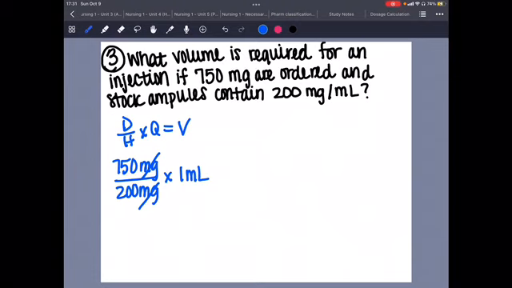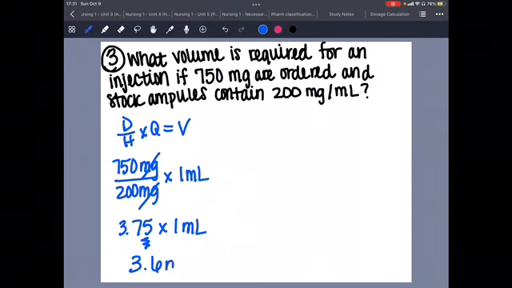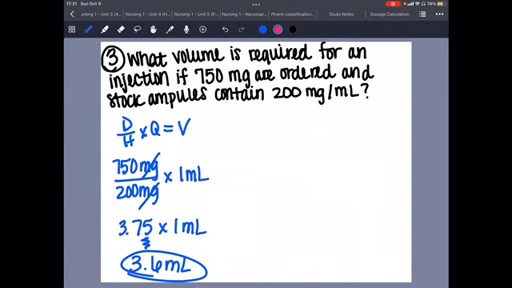We're going to go 750 divided by 200. 3.75. So we got 3.75 times 1 ml. And since we got that 5, we're going to round up. So you should get 3.6 mLs for this dose.